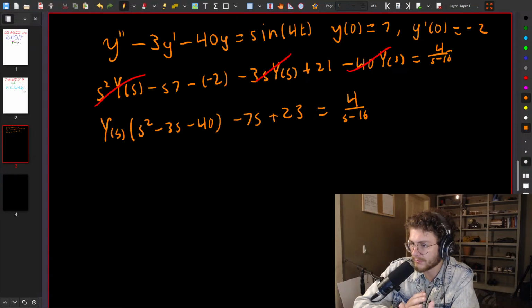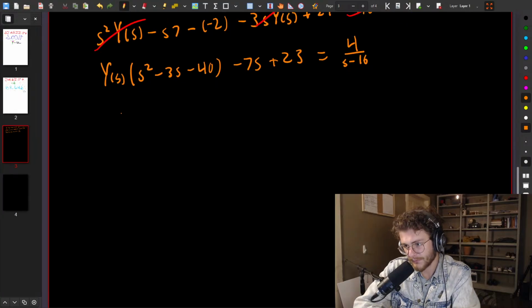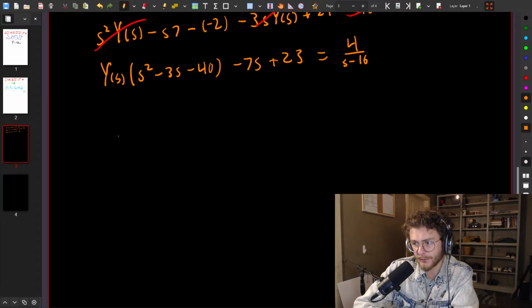So now we can add everything else to that. We're going to add 7s and 23 over to the other side of the equation, at which point we're going to have an easier time doing what we need to do with a partial fraction decomposition, or something simpler, hopefully. To solve this, we can use the first and second translation theorems as well.